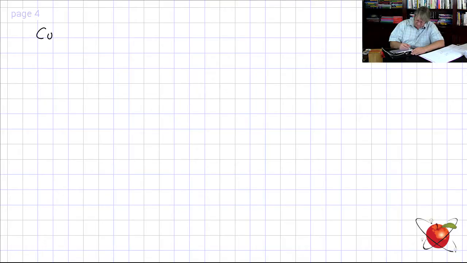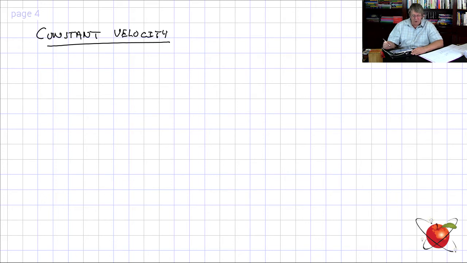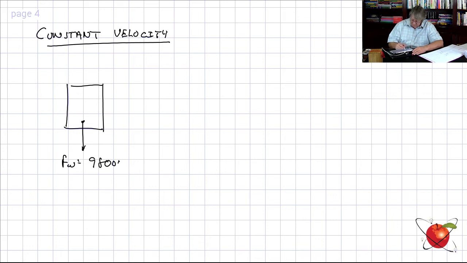The next step, the last bit, is constant velocity. What do I do here? Well, let's take our same lift. There she is, like so. And I say this, my FW is equal to 9,800. Now I want to know what is T. Let's reverse the logic.